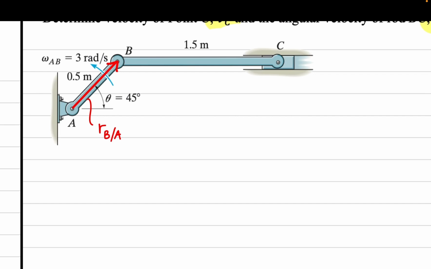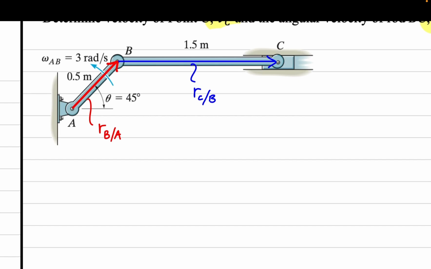And the second position vector has to start from point B pointing to C. This one will be RC/B. So that is the position vector.